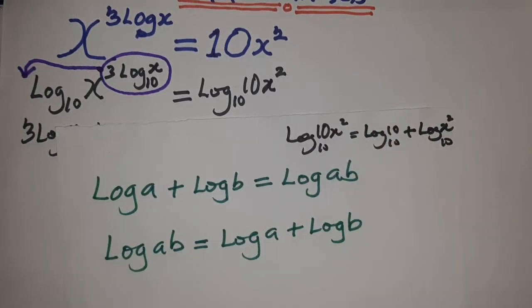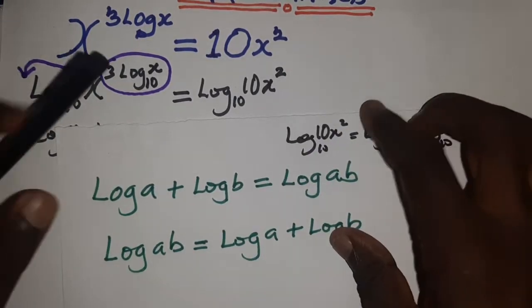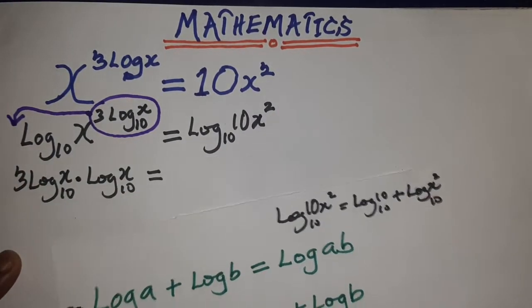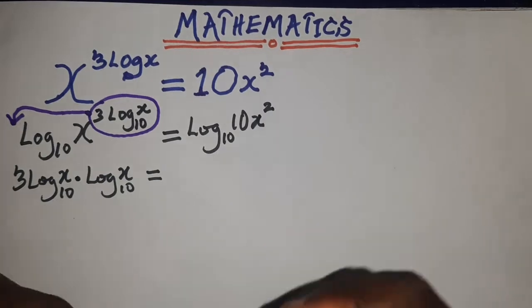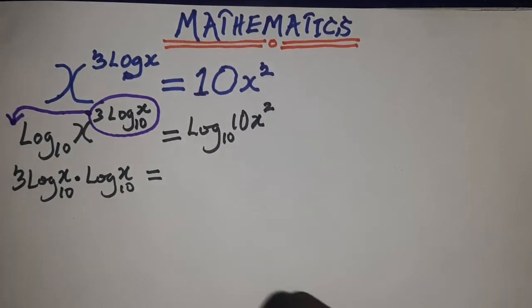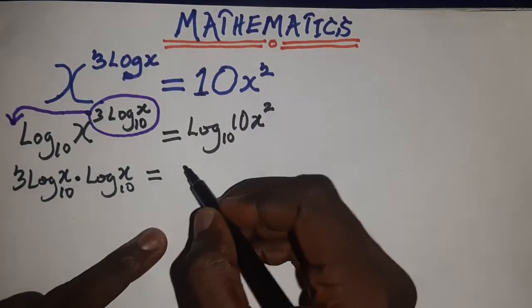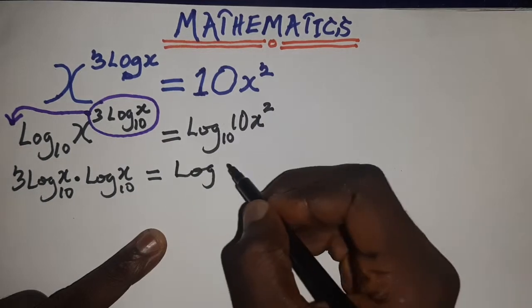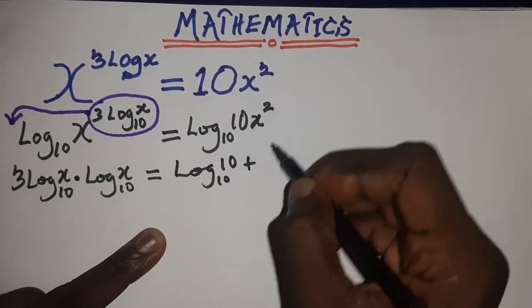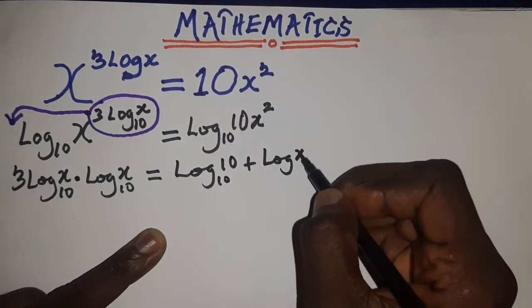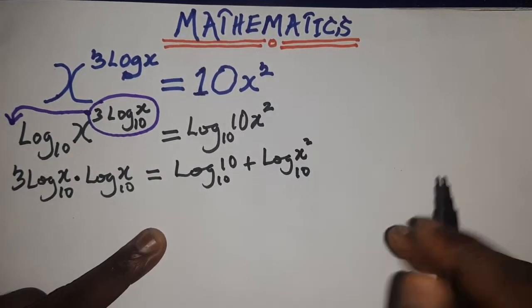So that's it. So I'm going to reverse this one following that particular law. So reversing this whole value following the addition law of logarithm, I'll have log 10 base 10 plus the x squared now, log x squared base 10.